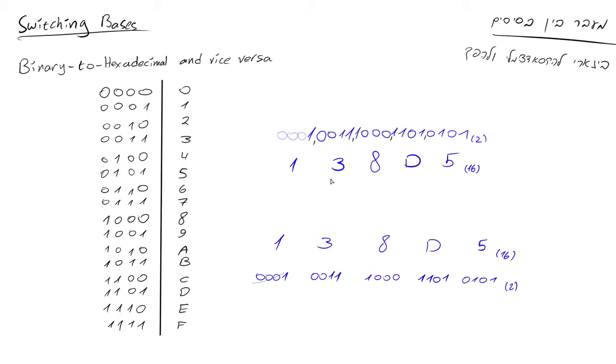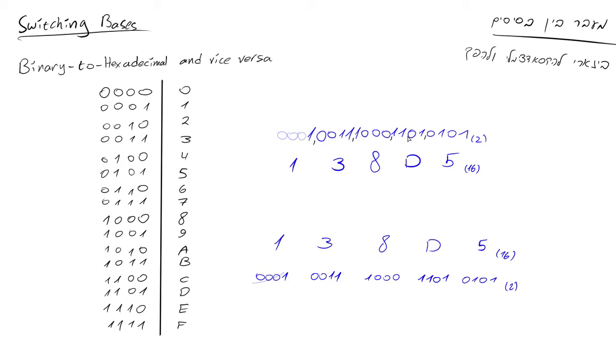Okay, so what you do is that you take your groups and you look at the chart and you match each group with its appropriate hexadecimal value. So here we have 0 1 0 1, we look over here, 0 1 0 1 is 5, we just copy down the 5.